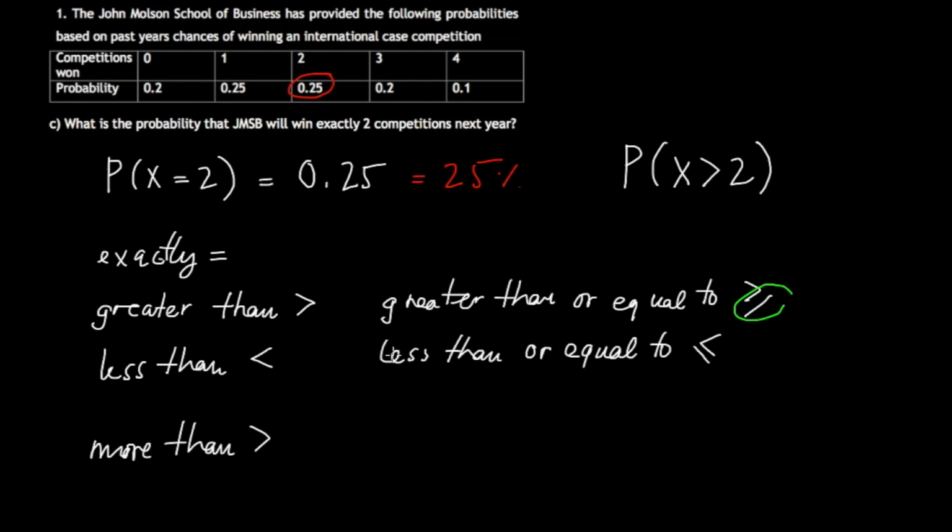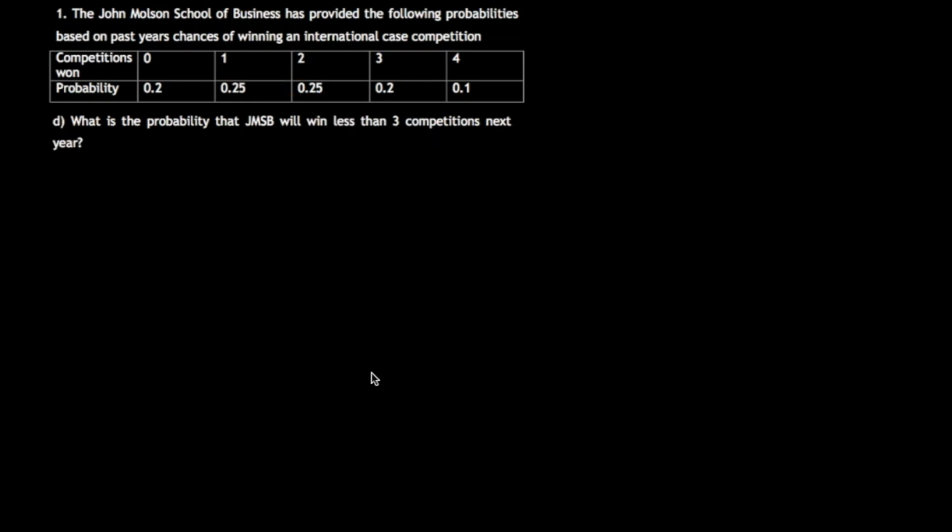Okay, so let's go ahead and do question D. Question D asks, what is the probability that JMSB will win less than 3 competitions next year? Okay, so as we saw earlier, the less than is represented by this sign right here.